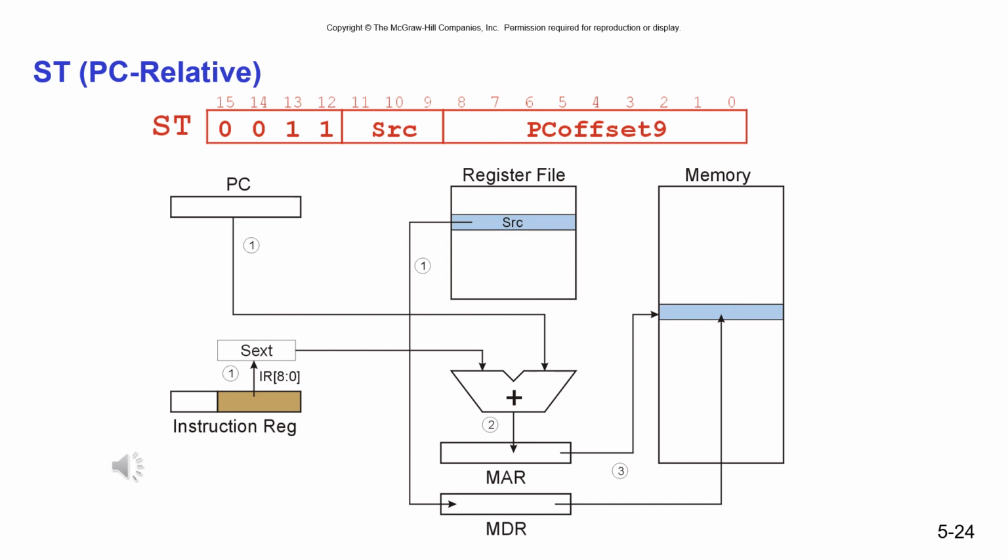The value from the source register is copied to the memory data register, and then to calculate the target address out in memory, we take the program counter and sign extend the 9-bit offset and add that to the program counter, and that is written to the memory address register, which then points to the address in memory where we're going to copy the value in the memory data register, which came from the source register.